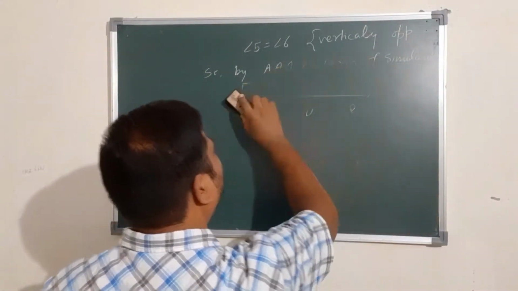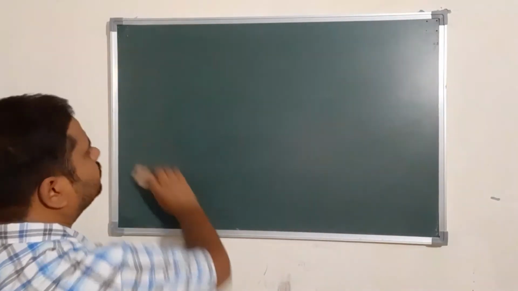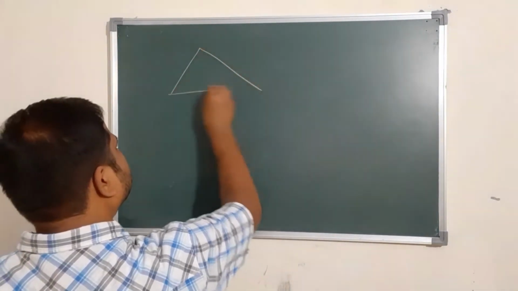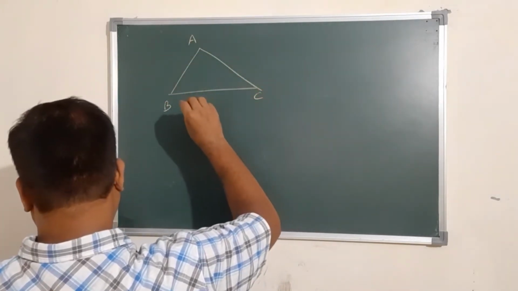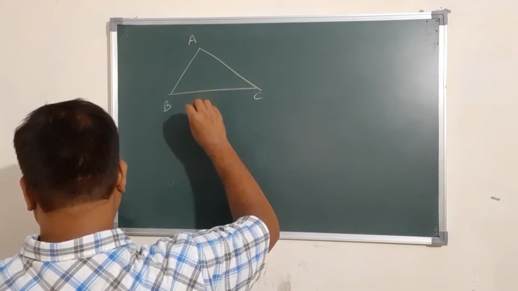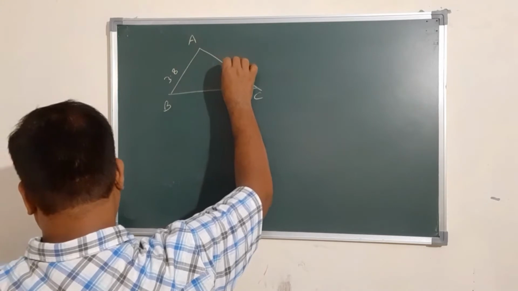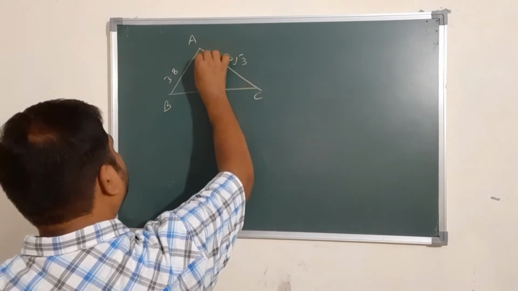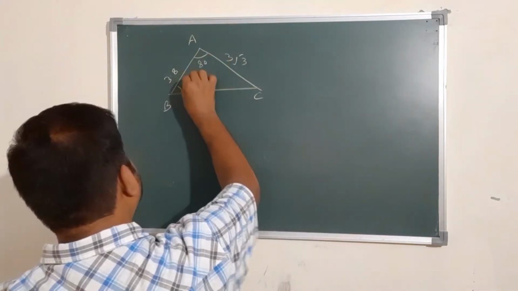So the figure is ABC. This side is 3.8, this is 3 root 3, this angle is 80 degrees, and this is 60 degrees.